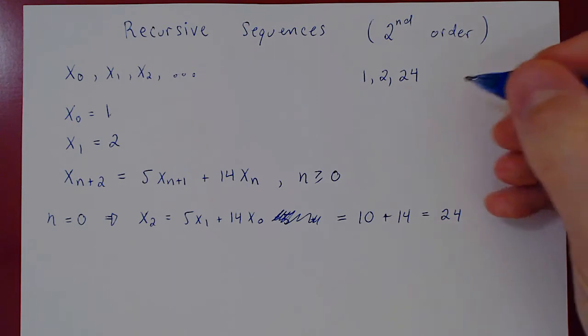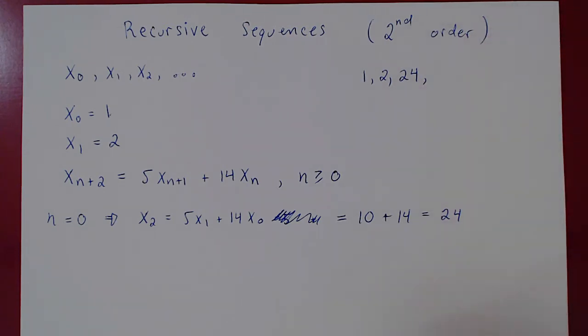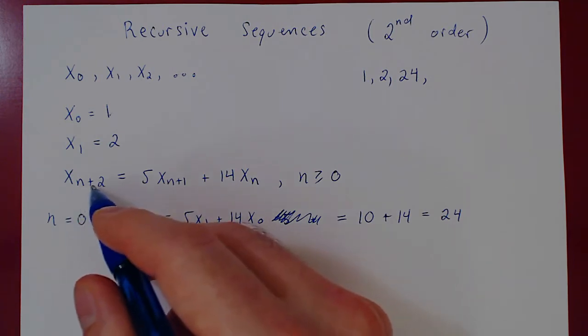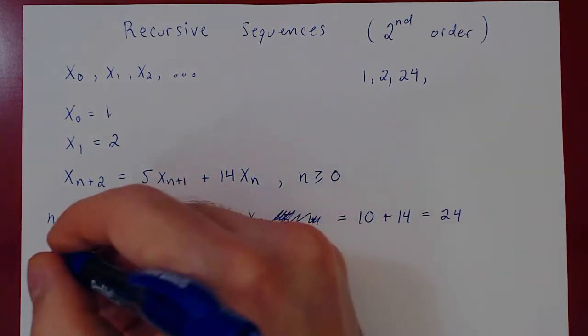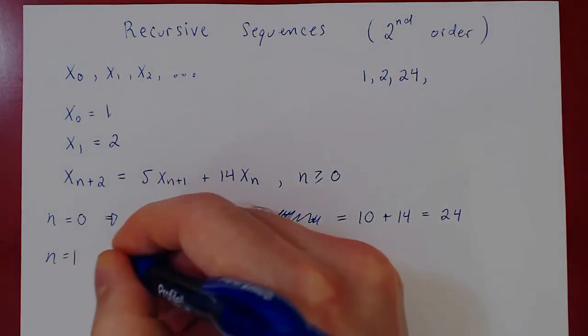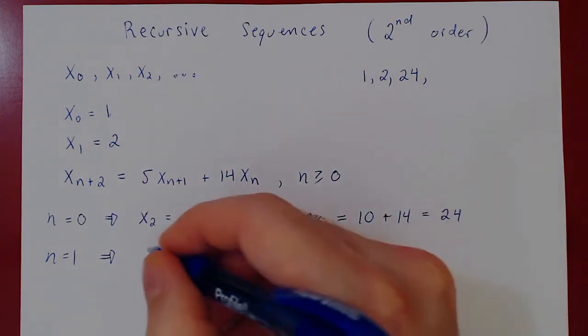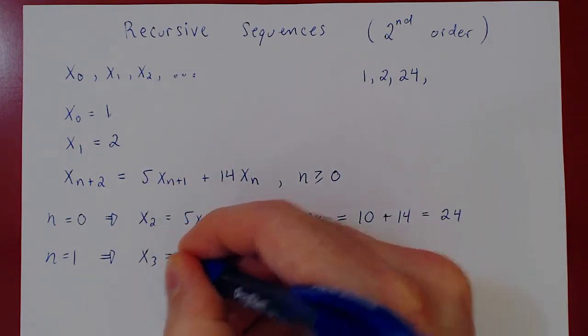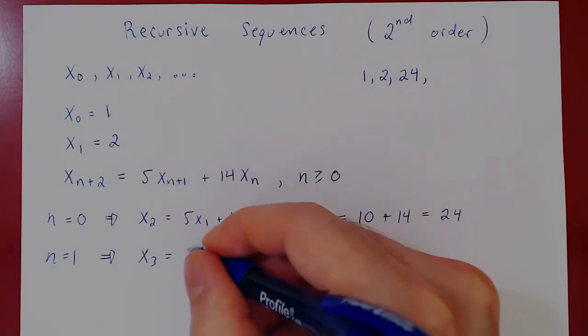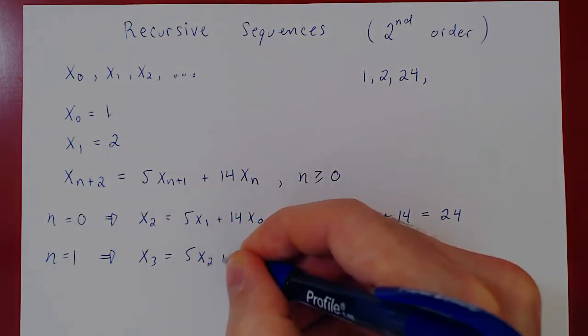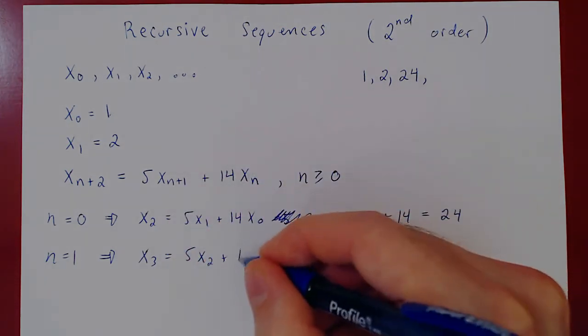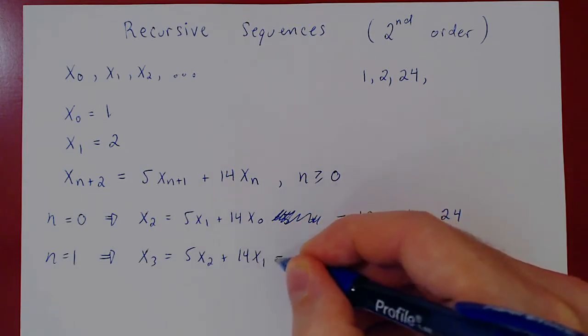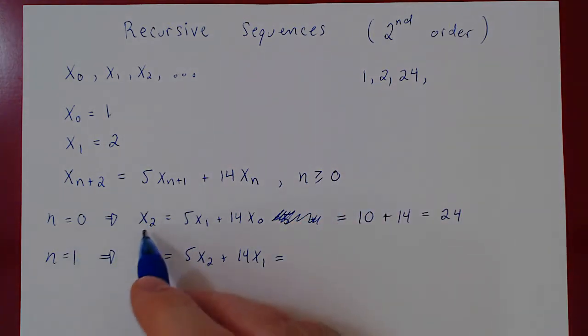So we now have the third term of our sequence. What if we want the next one? Well, that would be x3. If you want x3, pick n equals 1. And then x3 equals 5x2 plus 14x1. Well, we have just found x2.